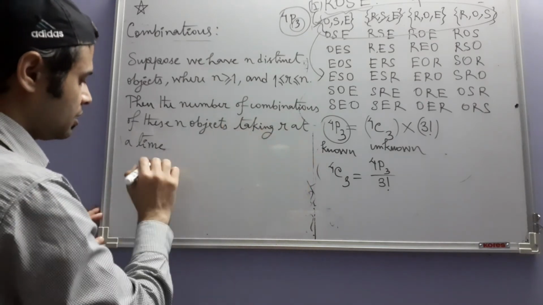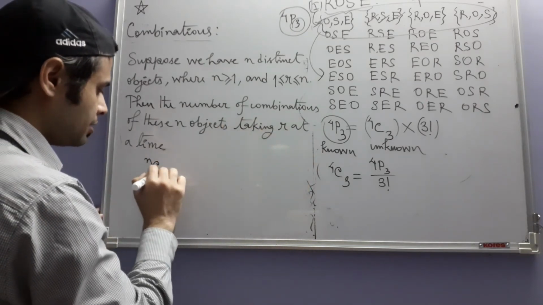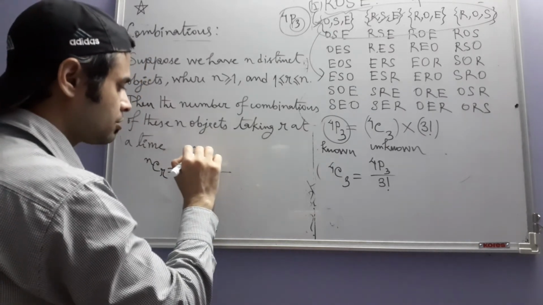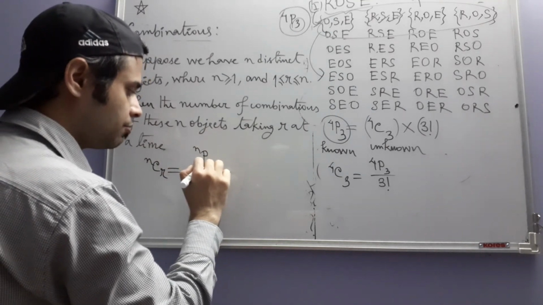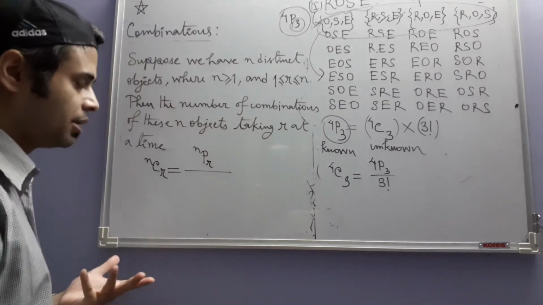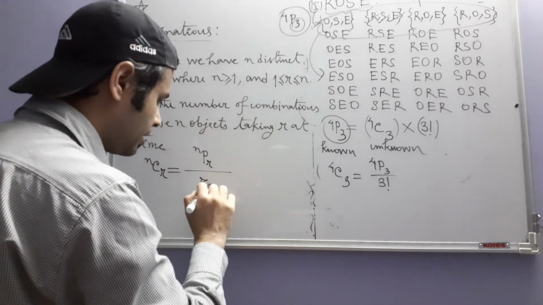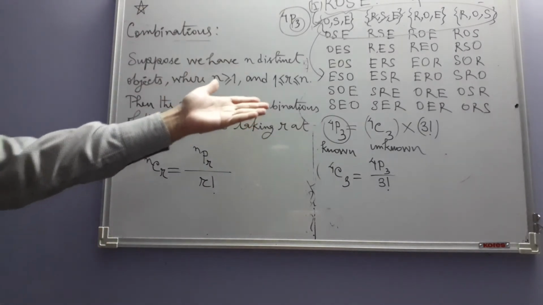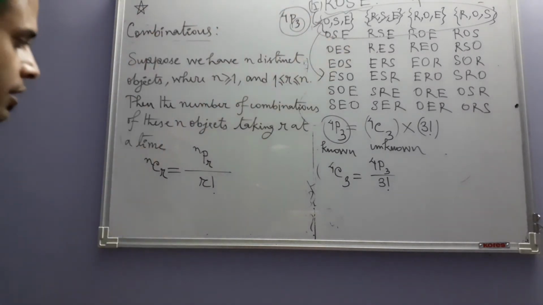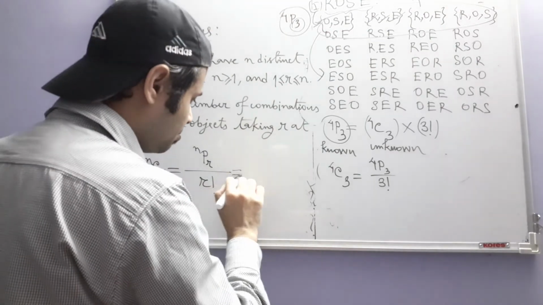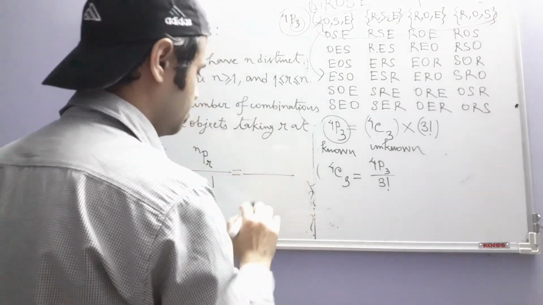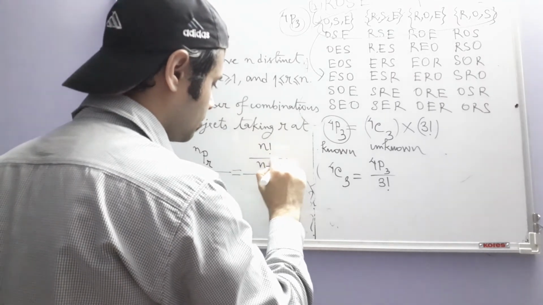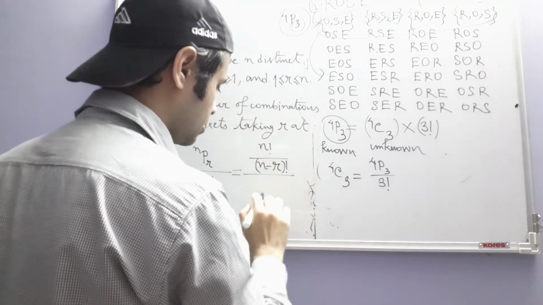So this number is denoted by nCr, and this is nothing but the number of permutations of n objects when we take r at a time, divided by the number of ways of arranging r objects among themselves. Looking at the process, this becomes clear. Now for nPr, we have a formula: n factorial divided by (n minus r) factorial.